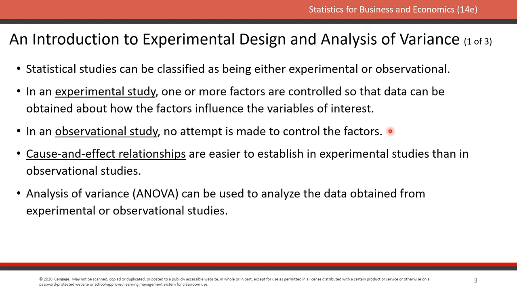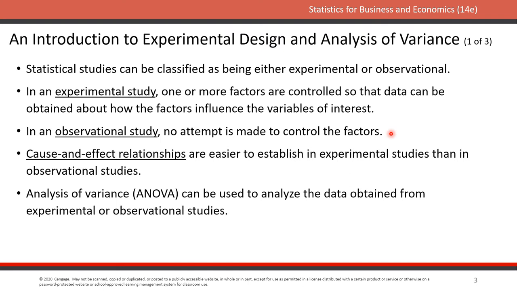What's interesting is that experiments and observations lead to different kinds of conclusions. You may have heard the phrase correlation does not equal causation, and I guess this wouldn't be a real statistics class unless we said that or reminded you of that. But observational studies can only lead to correlational results. Experimental studies can lead to causational results.